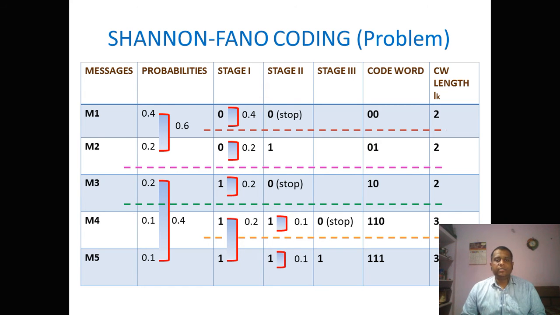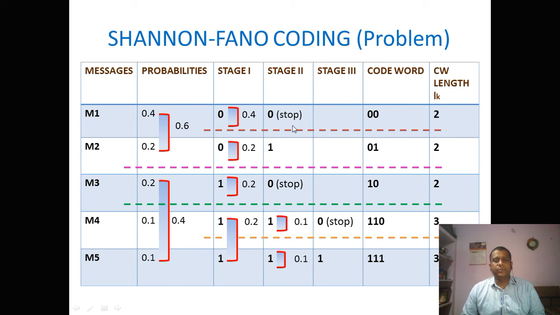In the first stage, we assign logic 0 to the upper subset and logic 1 to the lower subset. Then, as we have two values, the process continues, where 0.4 and 0.2 are again divided into equiprobable parts.